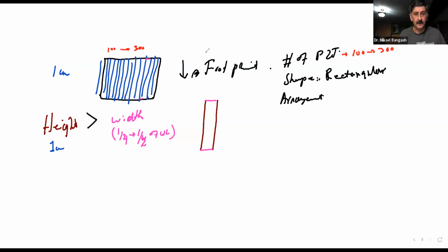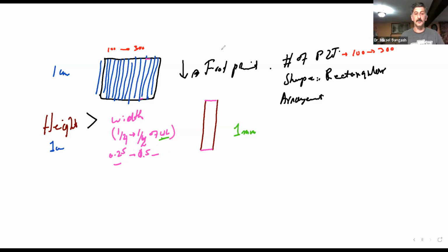So if this transducer, for instance, produced a wave with a wavelength that was, let's say, 1 millimeter, that would mainly mean that the width of the PCT could be anything between 1/4 of a millimeter to 1/2 millimeter wide.